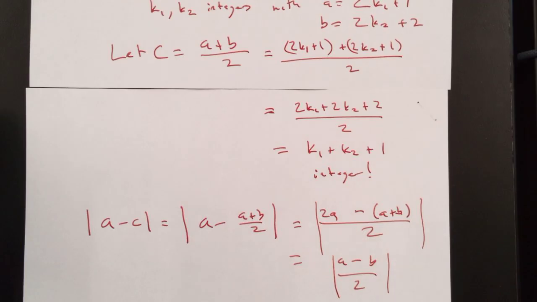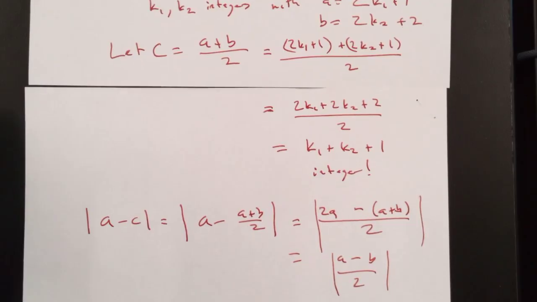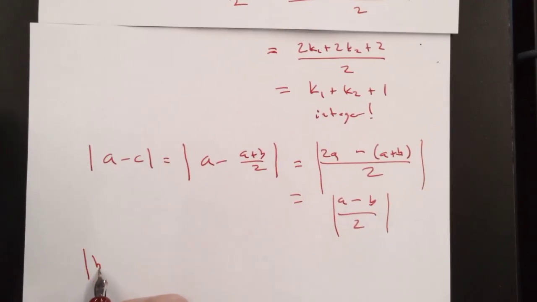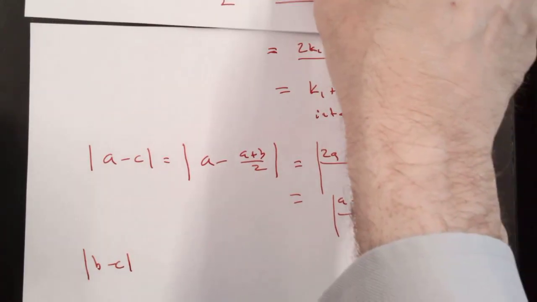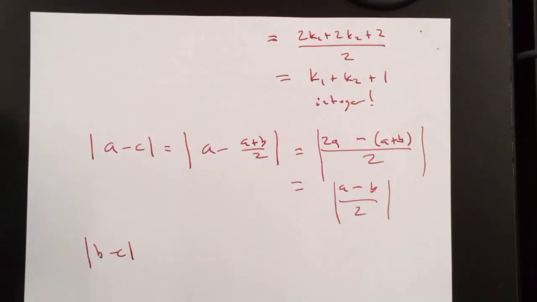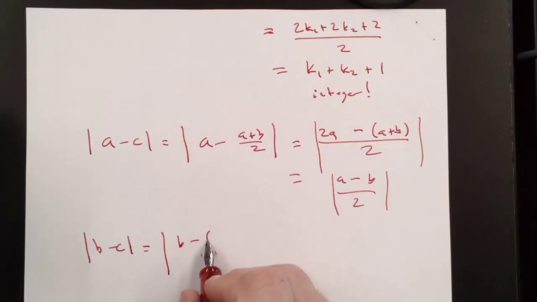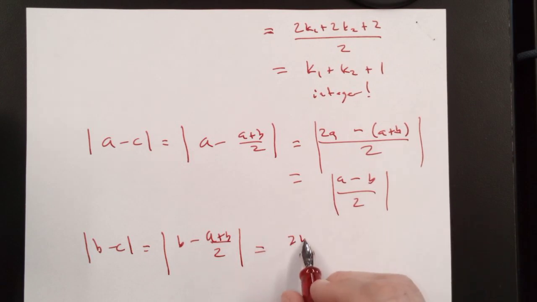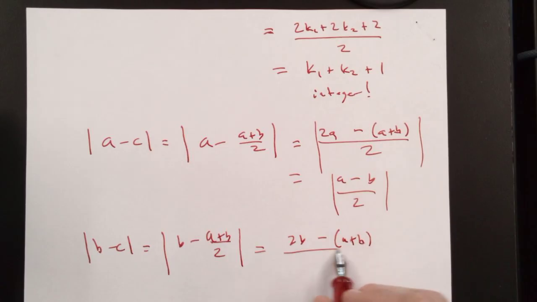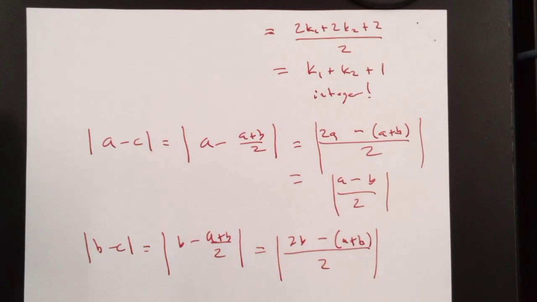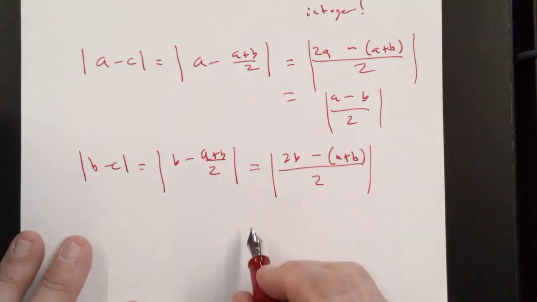With me so far? Now let's do b minus c. So that's b minus a plus b over 2. Same thing, 2b minus parentheses a plus b all over 2. What do I get?